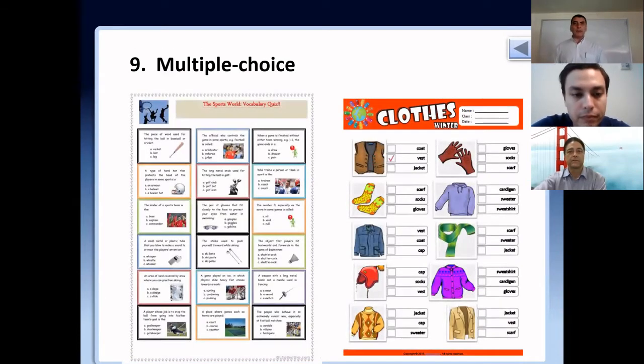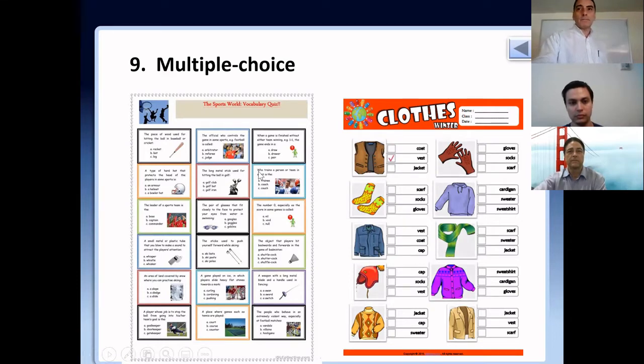Here are a couple of examples. The one on the left is a multiple choice that answers a question, and the one on the right is a multiple choice that identifies a particular vocabulary item. Either one of these is good.